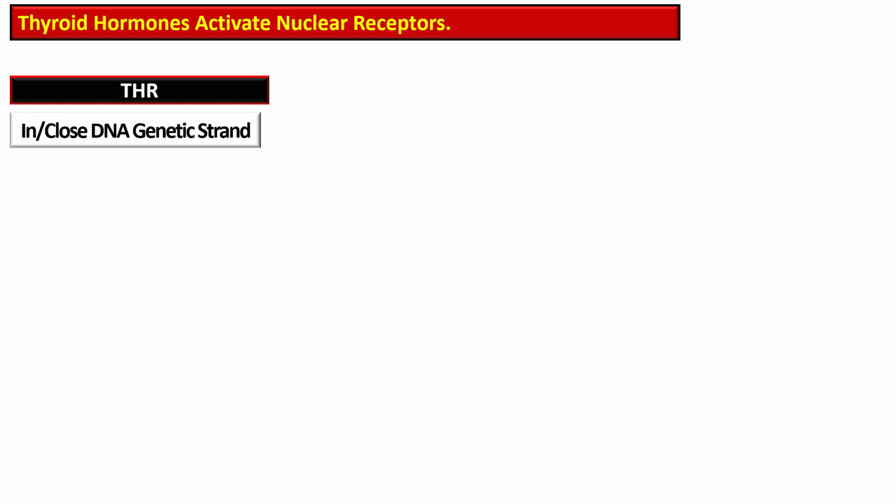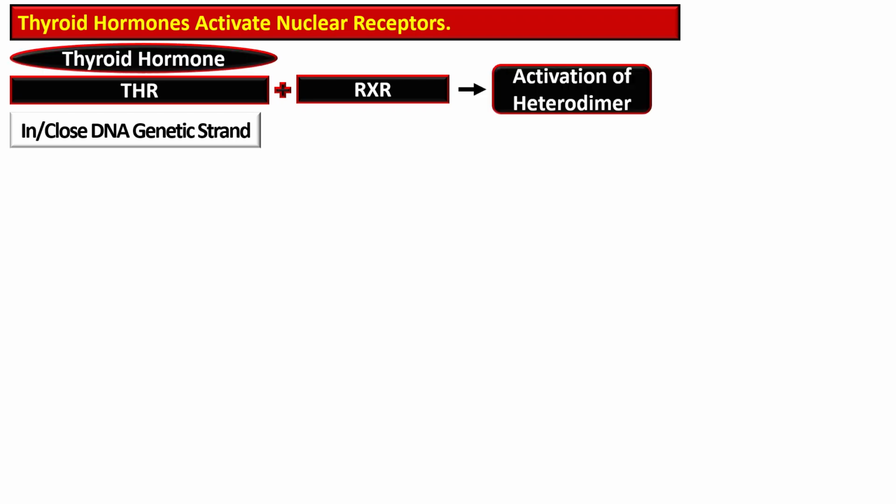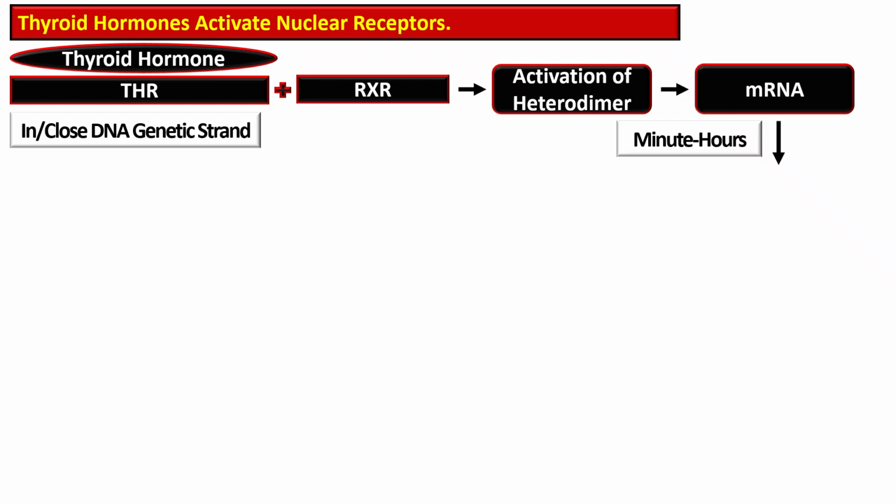So just to reinforce this concept, the thyroid hormone receptor that lies close to the DNA genetic strand is bound with the retinoid X receptor, or RXR, and when thyroid hormone binds with this receptor heterodimer, there is activation of this heterodimer.